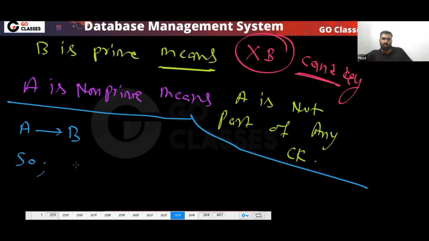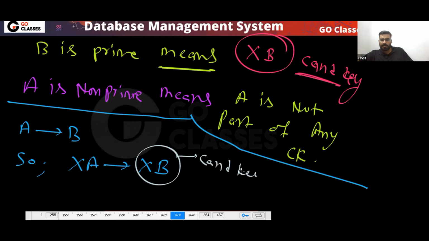So XA determines XB. And this is a candidate key, so this will become a candidate key. Yes or no? Is this clear?